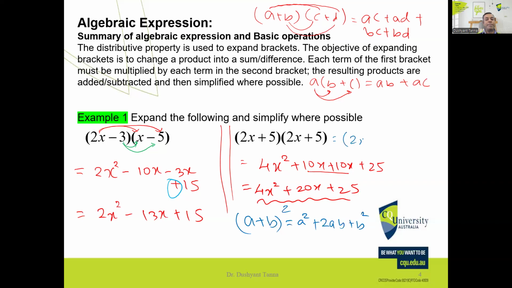This is the same, the same bracket multiplied twice. So 2x plus 5 whole squared: that should say 4x squared, 2 times 2x times 5, that's 20x, plus 25. So you can go straight to the last step if you remember the formula. Same thing. Okay?